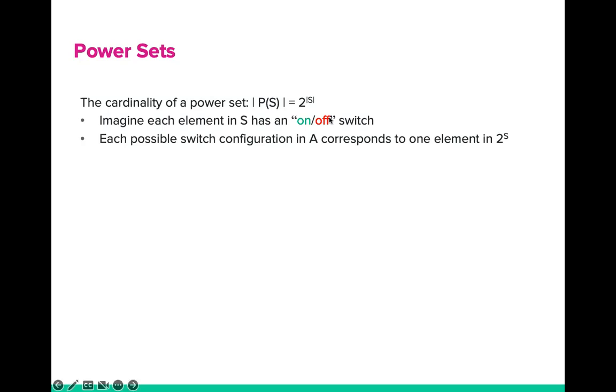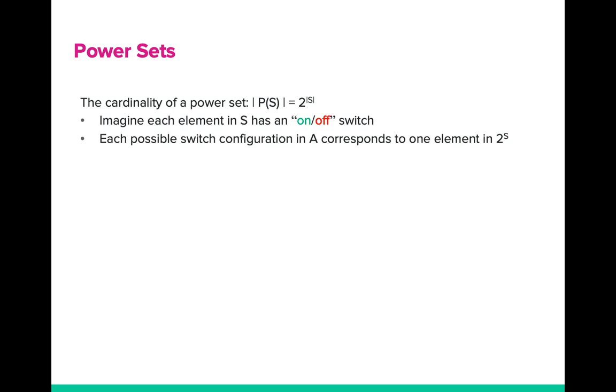Again, the cardinality of a power set is 2 raised to the cardinality of the set S. You can imagine it as each of the elements having an on or off switch. On meaning it is included in the subset, or off meaning it is not included in the subset. Each possible switch configuration corresponds to one element in the power set.